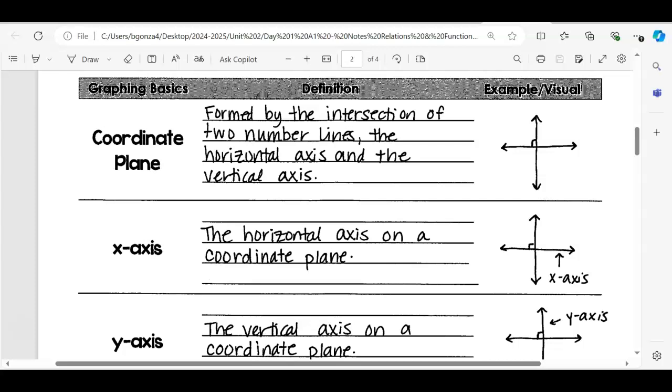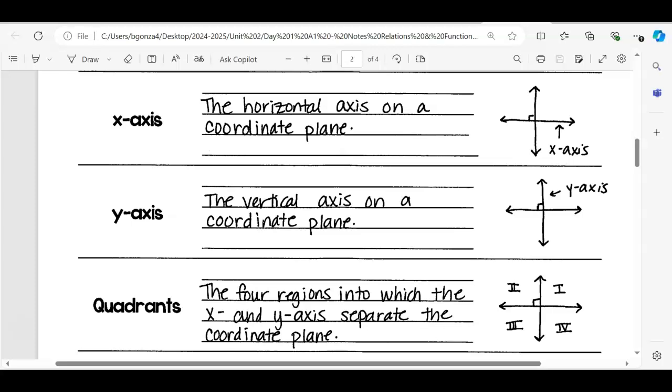With an X and a Y axis. Do you know what an X and a Y axis is? Okay, you got to know X is from left to right, horizontal, right? Y axis is up and down, from bottom to top, vertical axis, okay?